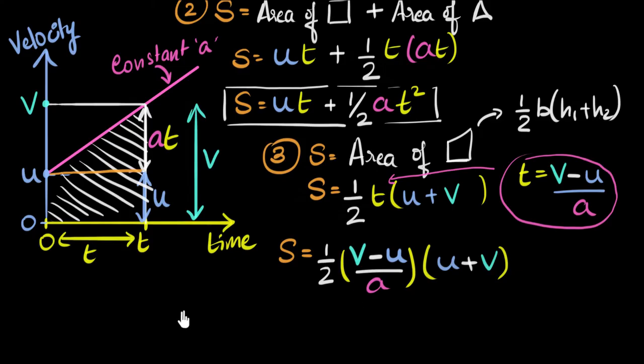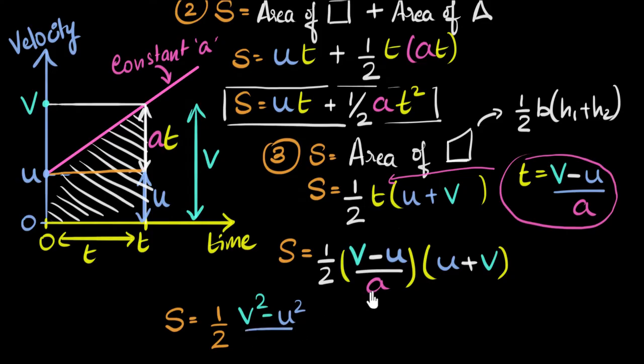Now, if you simplify this, let's see what we get. We get half into, look at the numerator. We have V minus U into V plus U. Ooh, that is V squared minus U squared.